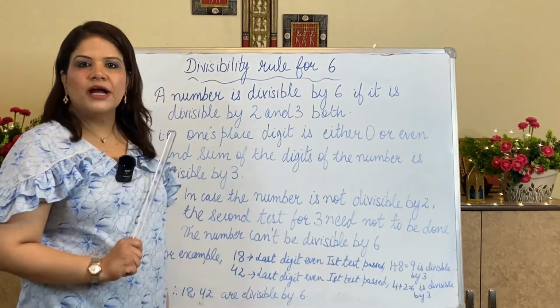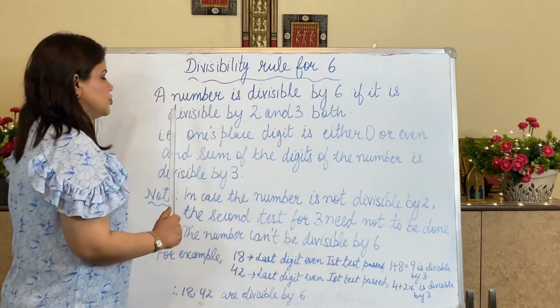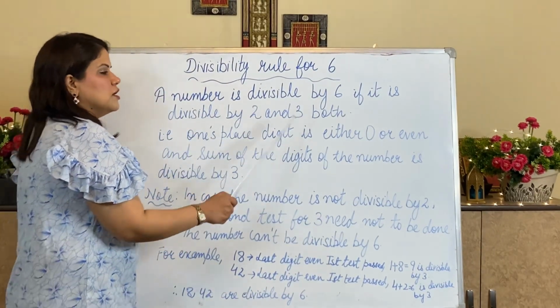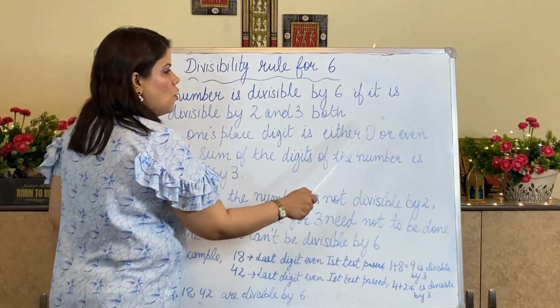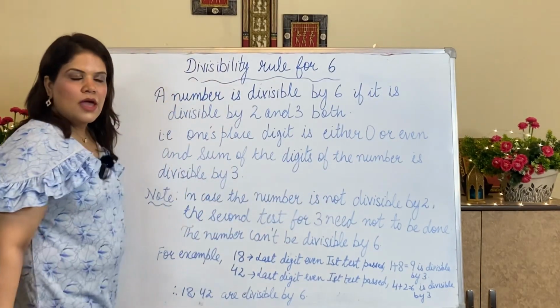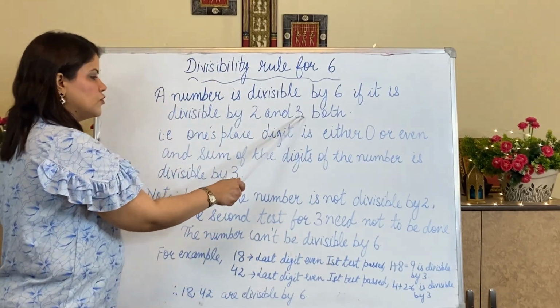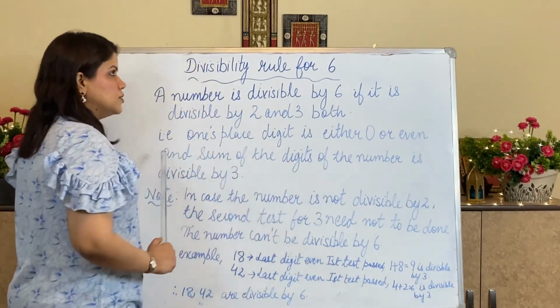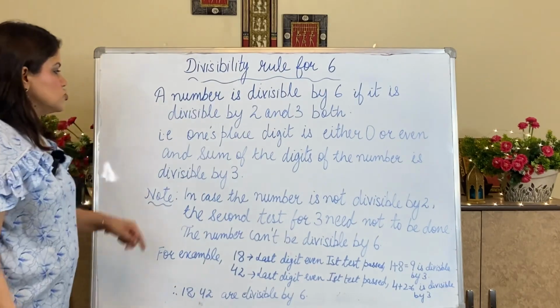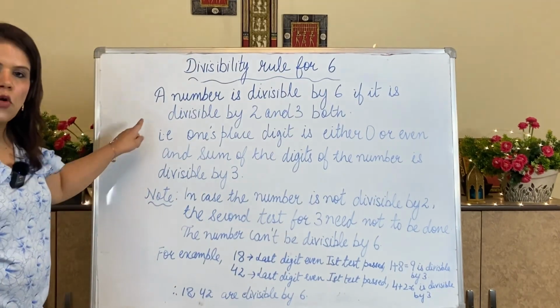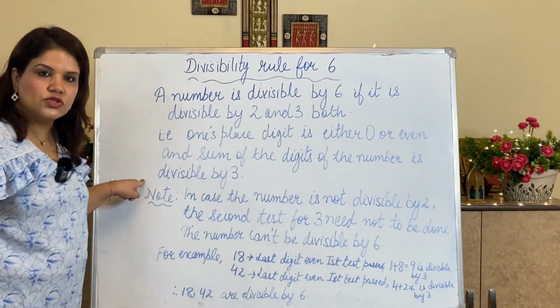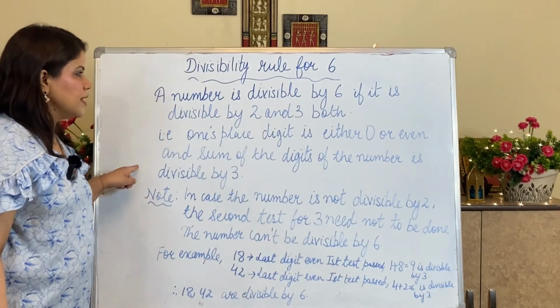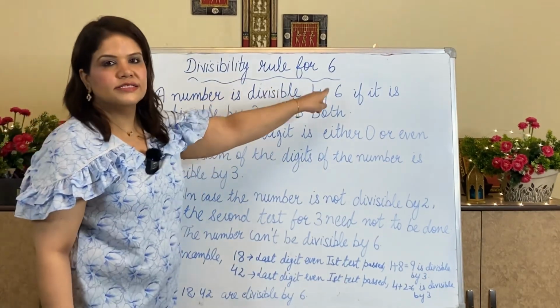For divisibility by 2, I have explained to you ones place digit should be either 0 or even. And for divisibility of 3, we have done sum of the digits of the number is divisible by 3. So both the conditions, both the tests of divisibility have to be satisfied to get the number divisible by 6.